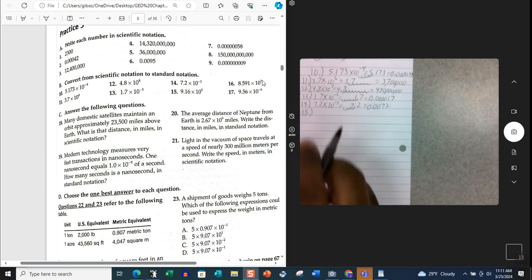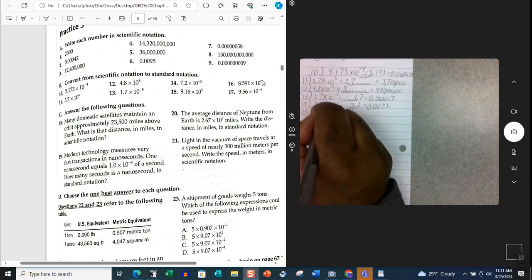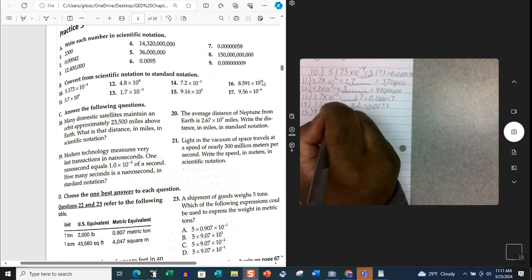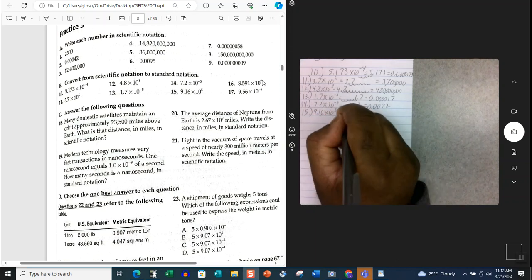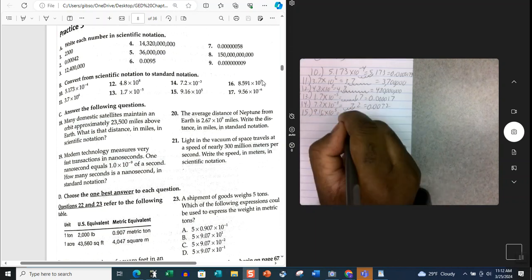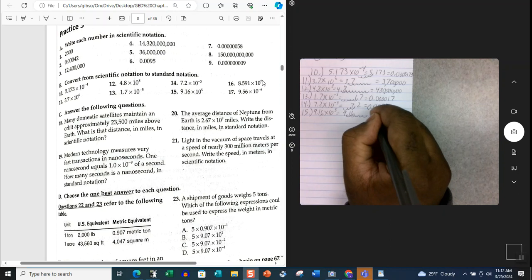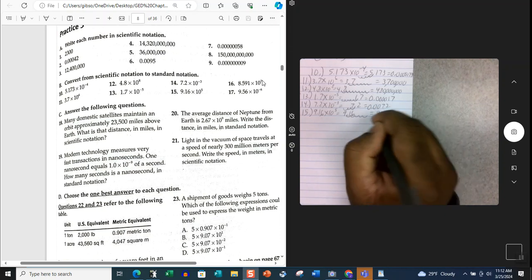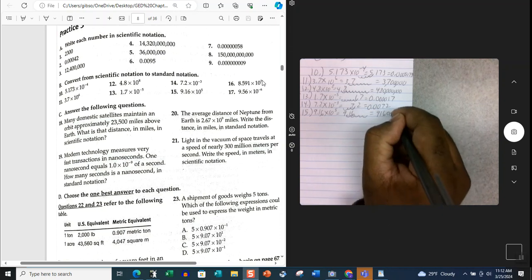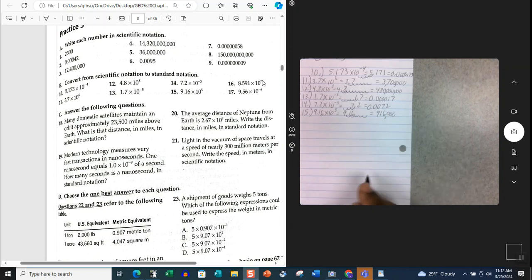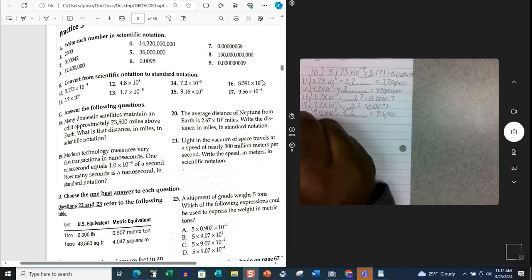Problem 15. We had 9.16 times 10 to the 5th power. So we had 9.16. Move this decimal 5 places to the right. You got 1, 2, 3, 4, 5. So it'd be 916 and then 3 zeros. So it'd be 916,000.